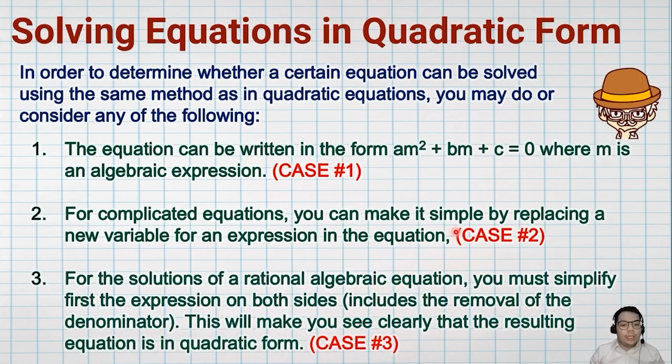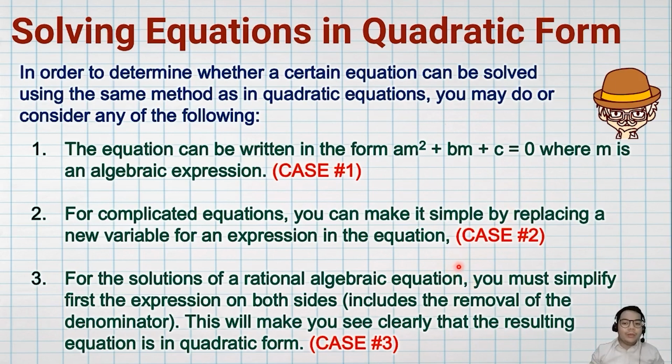During your grade 8, you already discussed how to solve rational algebraic equations. We will still do the same on the third case, but in that solving part, we will transform that rational algebraic equation into a quadratic equation. So, that is the only difference.